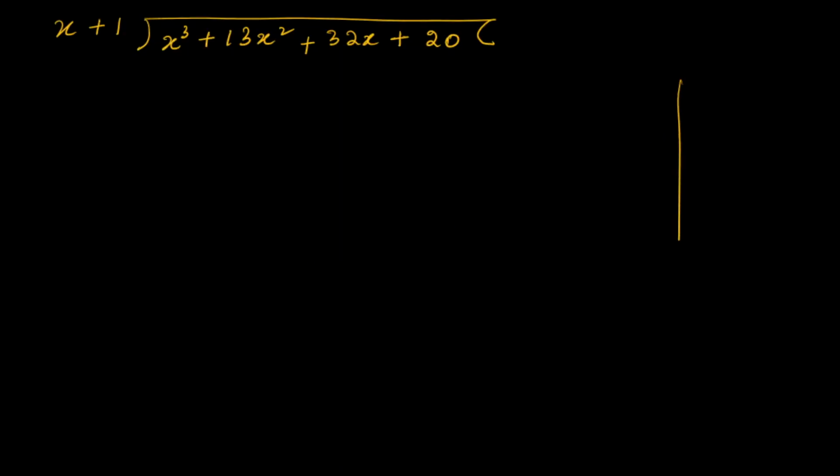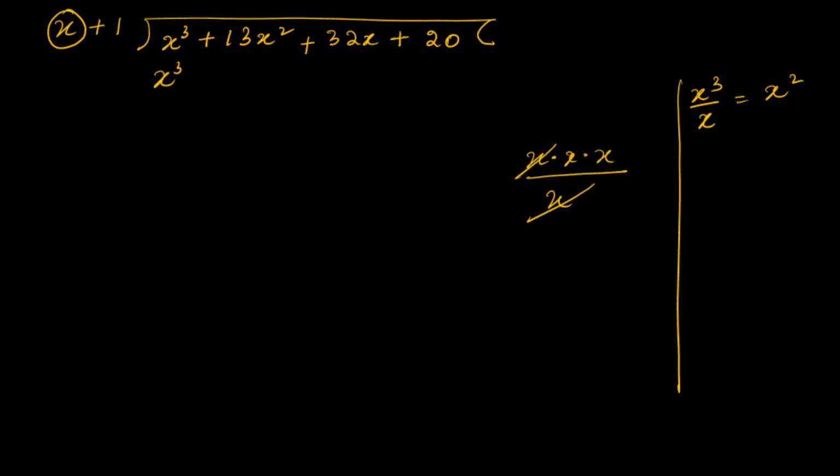So division, you know how to do. First term same we will write. Now we divide the first term x cube by the first term of the divisor, which is x. If you divide this, you will get x square, because x cube is x into x into x, and if you divide with x, one x gets cancelled.